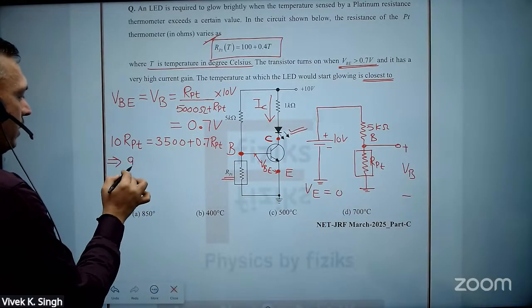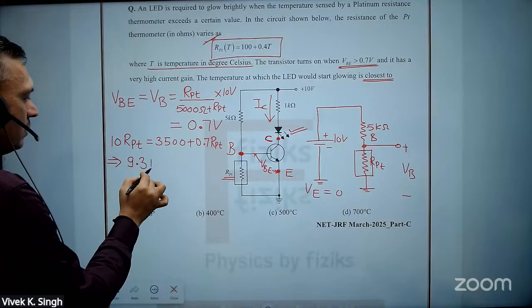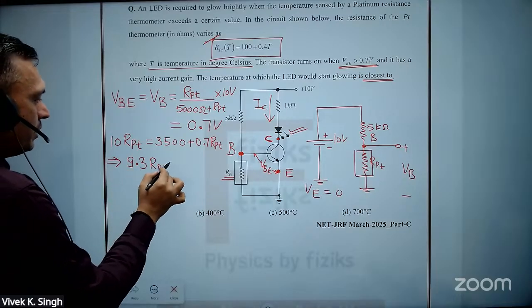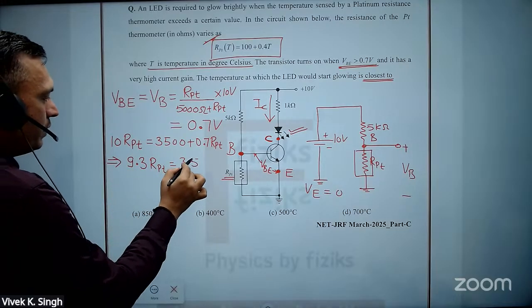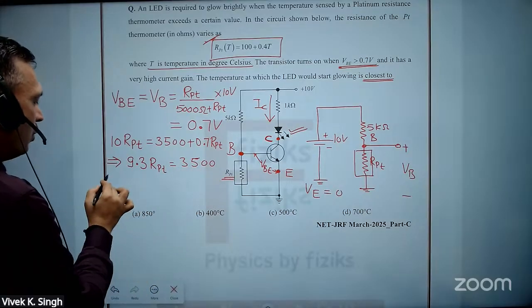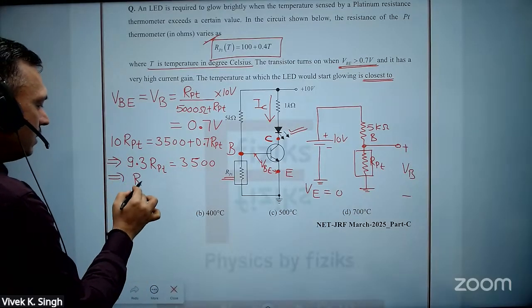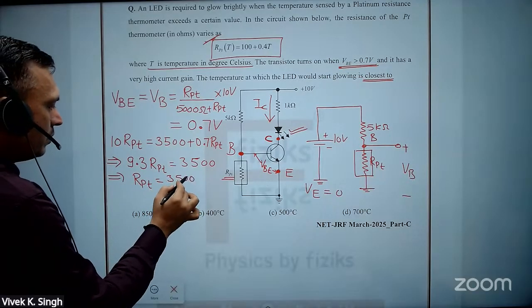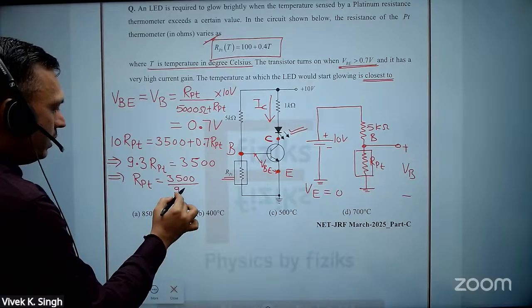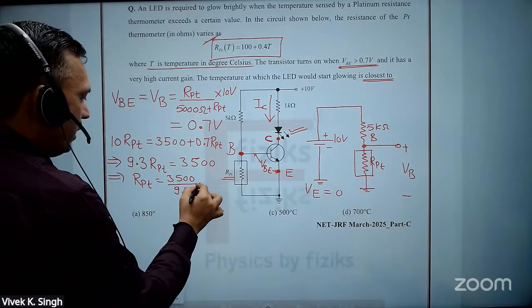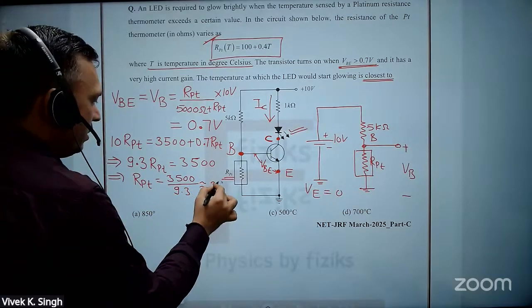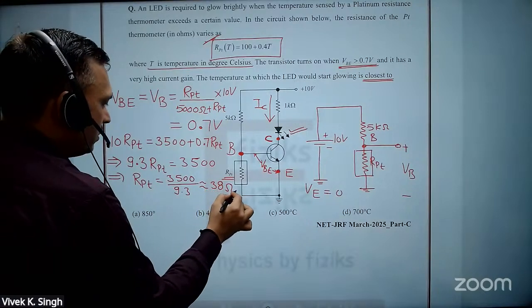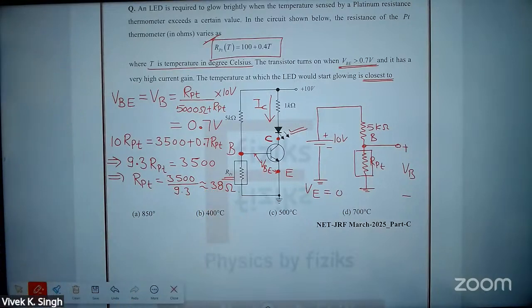Now this will be 9.3 times the platinum resistance equals 3500, in ohms. If you divide by 9.3, this is approximately 380 ohms.